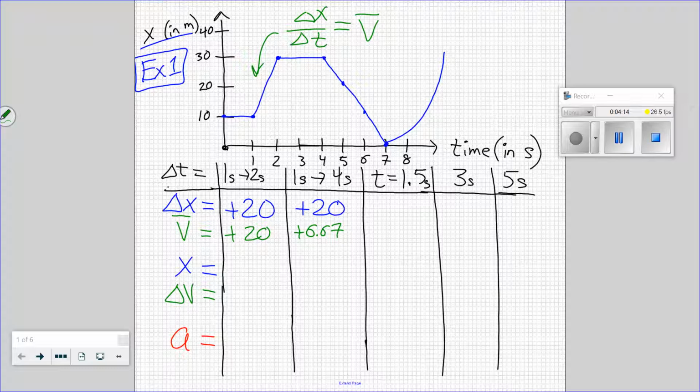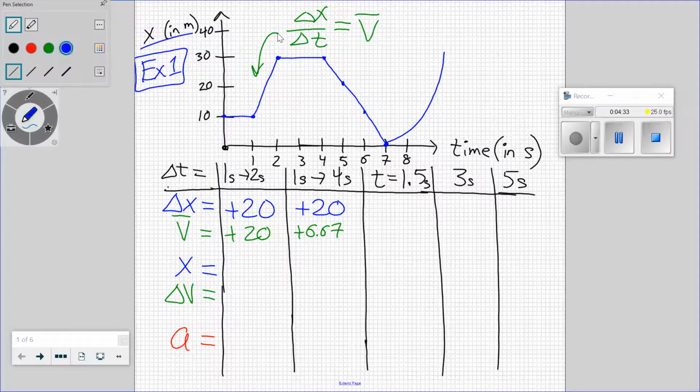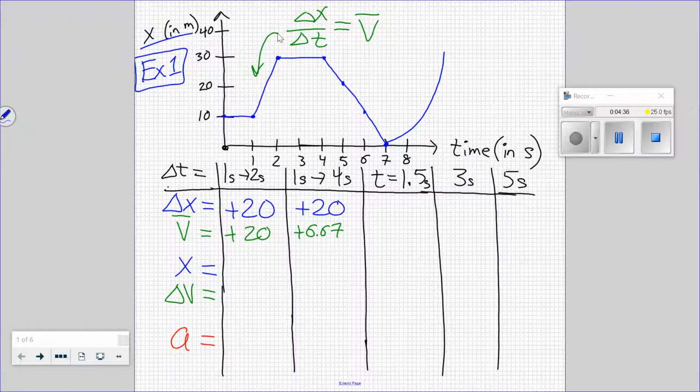Is there a change in position, a displacement, at t equals 1.5 seconds? Are you sure? From where? You have to be careful. You would have to specify, if I say from 0, right?